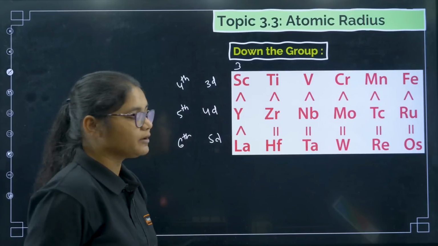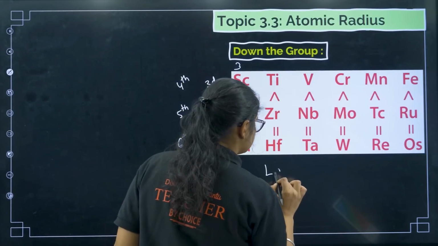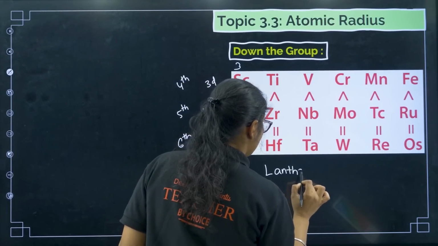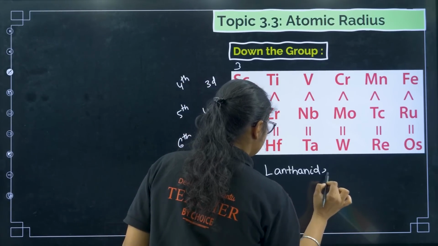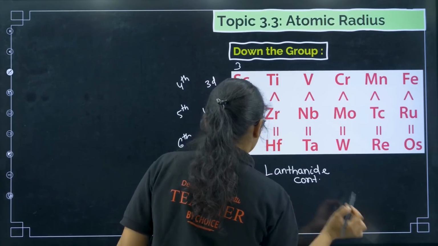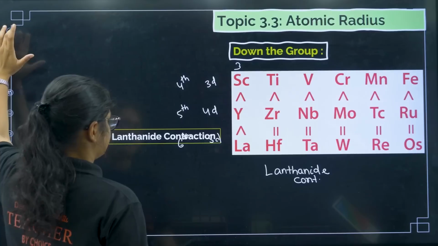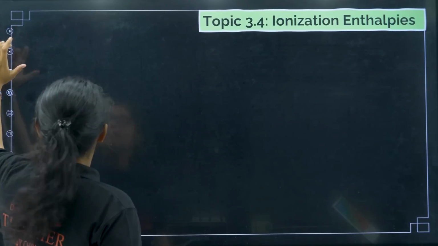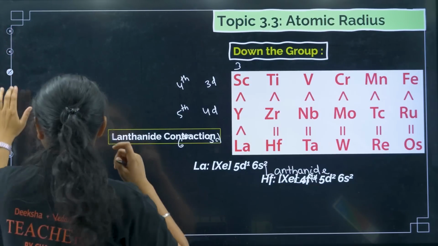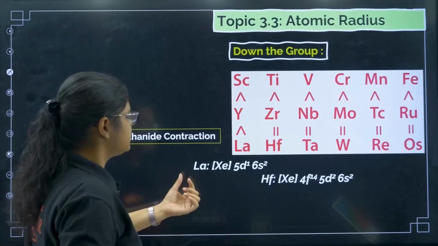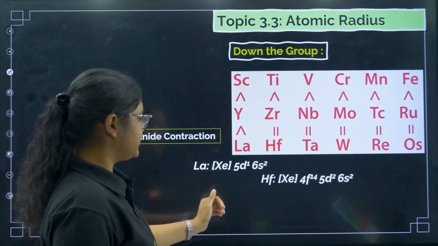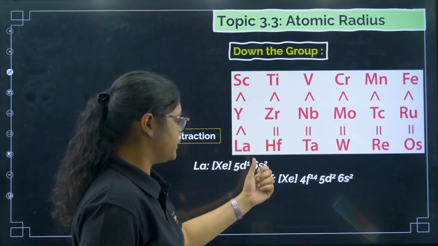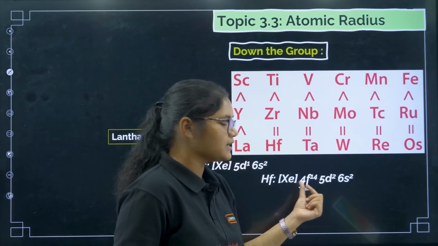This is because of lanthanide contraction. Now you can see that when you reach lanthanum to hafnium, the 4f electrons are involved.